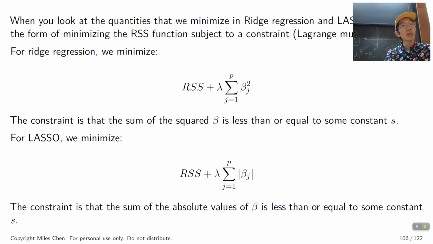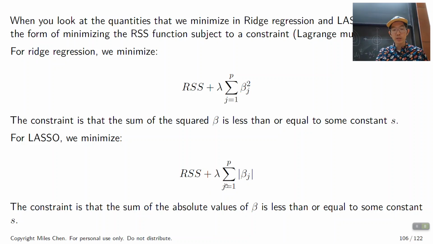You can think of this as having a Lagrange multiplier, right? When you use a Lagrange multiplier, you have a function that you're trying to minimize subject to a constraint.